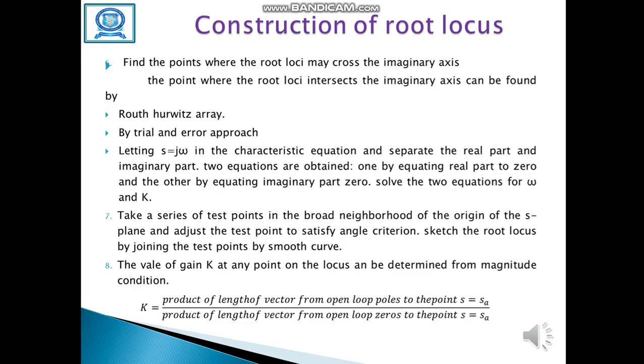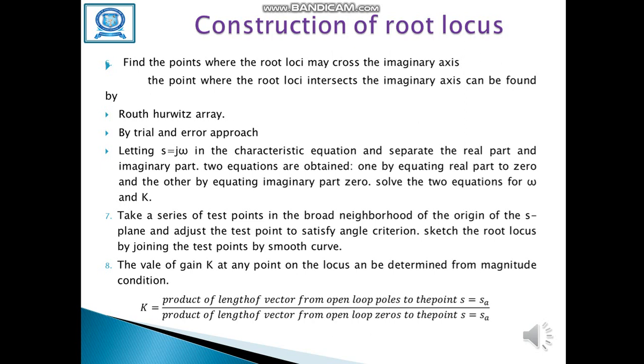Next, the seventh step: take a series of test points in the broad neighborhood of the origin of the s-plane and adjust the test points to satisfy the angle criterion. Sketch the root locus by joining the test points with a smooth curve.